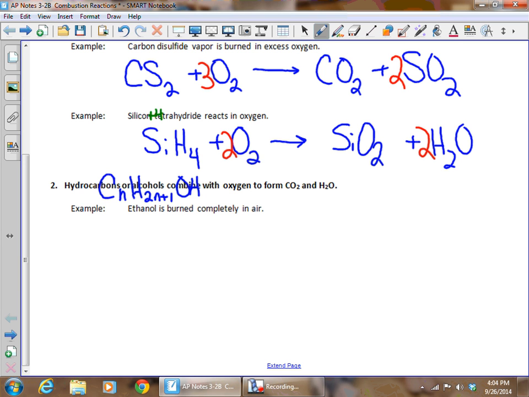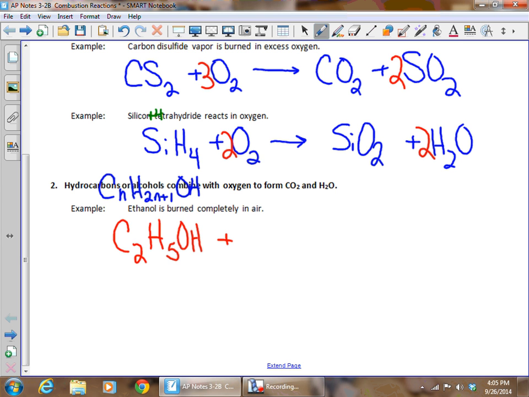Eth is the prefix meaning 2, so that's going to give us C2, H2n+1, where 2n is 4 plus 1 is 5, and tack on the OH at the end. And we're going to burn that completely in air.